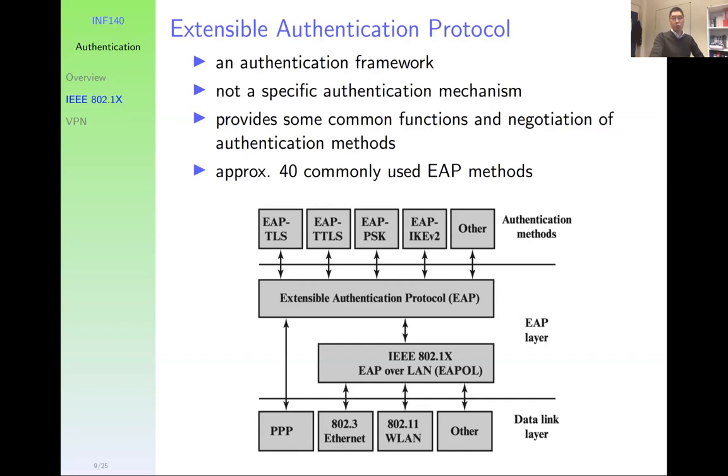Then the server, based on different protocols, like here, EAP based on TLS. You already know TLS. This is EAP based on tunneled TLS. And this is a pre-shared key. There are a lot of others. So you see here, approximately 40 authentication protocols can be used by EAP.